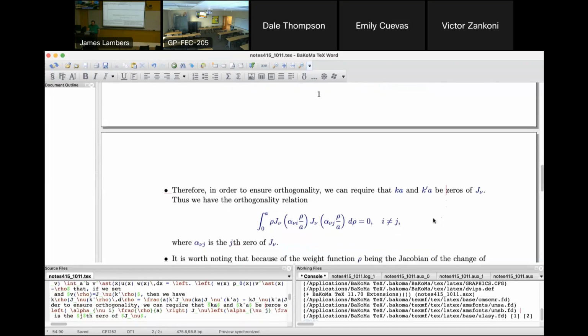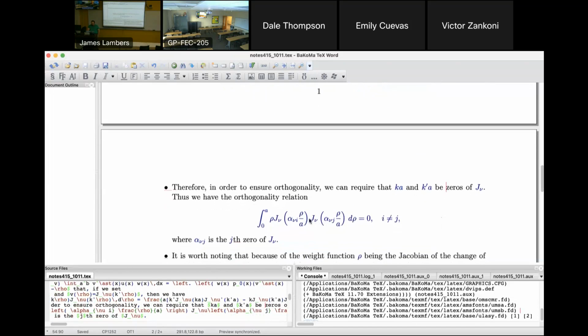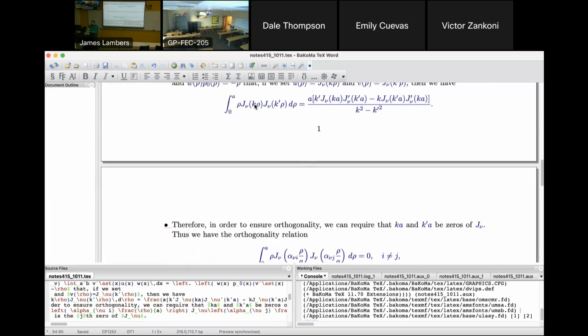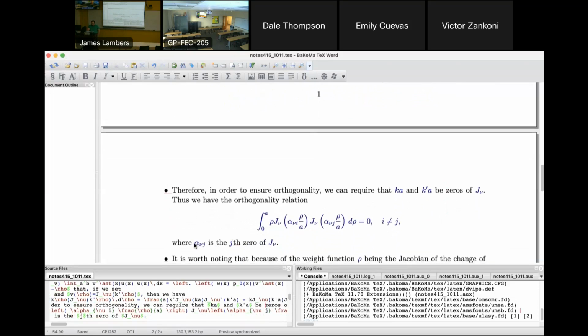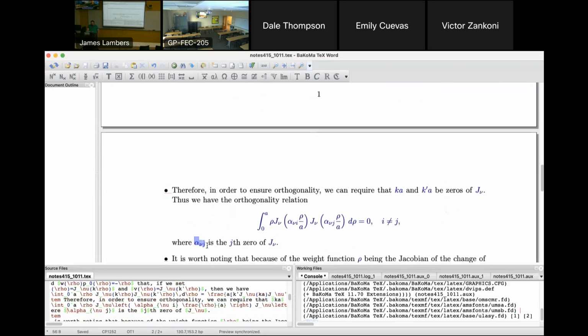So what we end up doing is, because recall in the previous expression we have k rho and k prime rho, I want to describe the zeros of J nu by alpha nu j. So the first index is the order of the Bessel function you're taking the zeros of. The second index, j, is indexing those zeros, because each Bessel function has infinitely many zeros. It oscillates. So this is how we identify all those zeros.